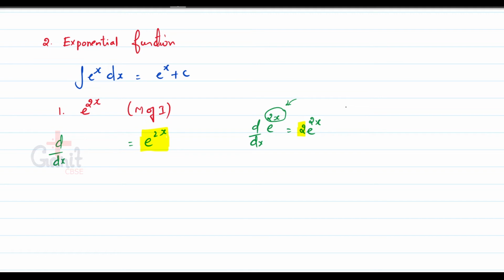So my function should have 1 by 2 to eliminate that 2, and it should be e to the power 2x to get e to the power 2x. So this is the function. Conversely, if I integrate e to the power 2x with respect to dx, I'll get 1 by 2 e to the power 2x. This is the method of inspection.